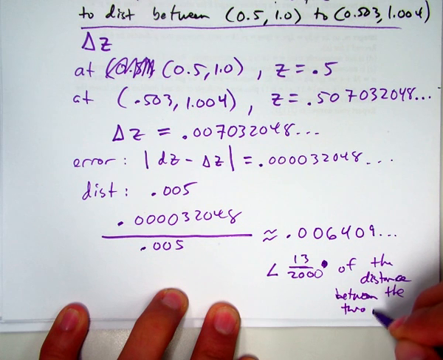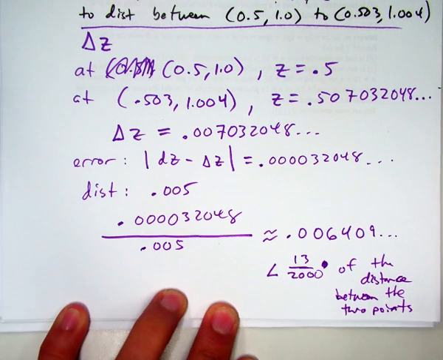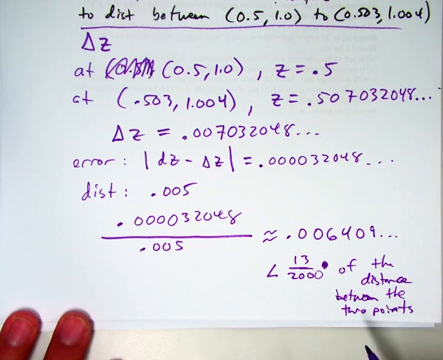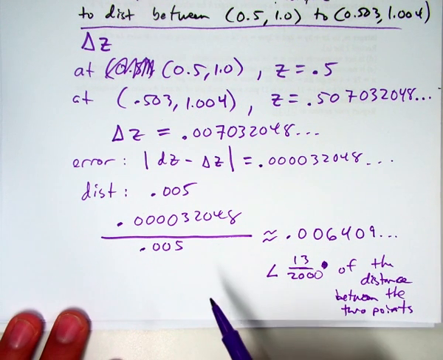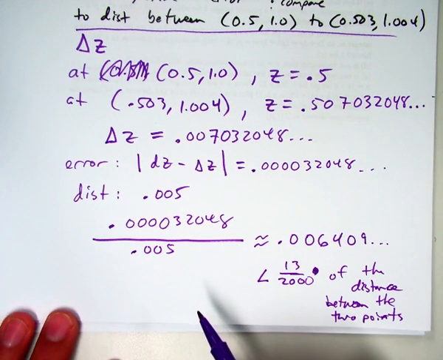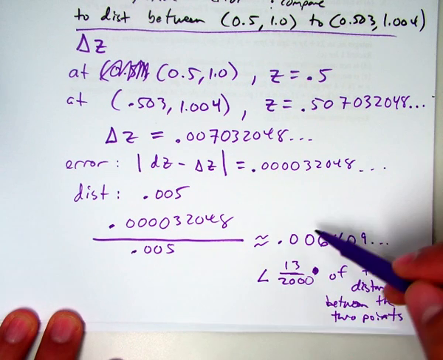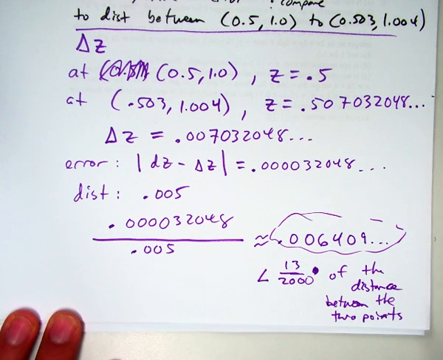Do you have to do that? Look, I honestly don't care. I'm just letting you know that if you see in the answer that they have this, oh, the magnitude of error is less than 1/1000th of the distance, this is how they're getting all that. If I ask this on an exam, honestly, I might just say, tell me the error. I wouldn't really care about the rest, so that would probably be good for me.